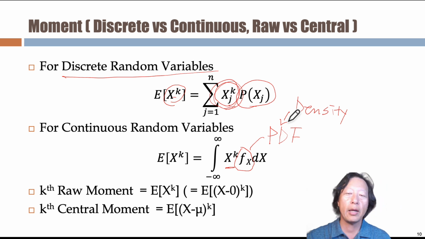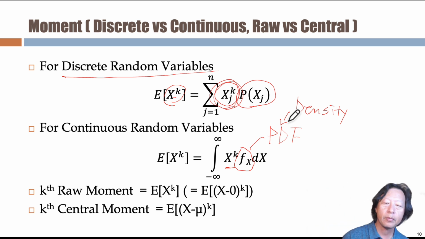In the continuous case, this is an integral. So you calculate the integral, and then you will get the continuous random variable's expectation.